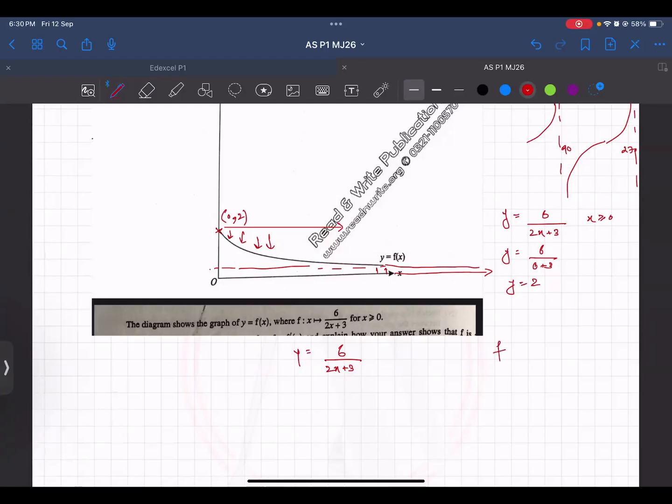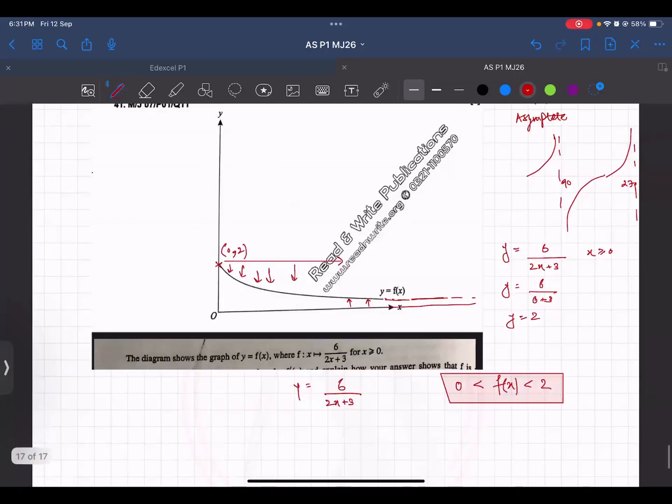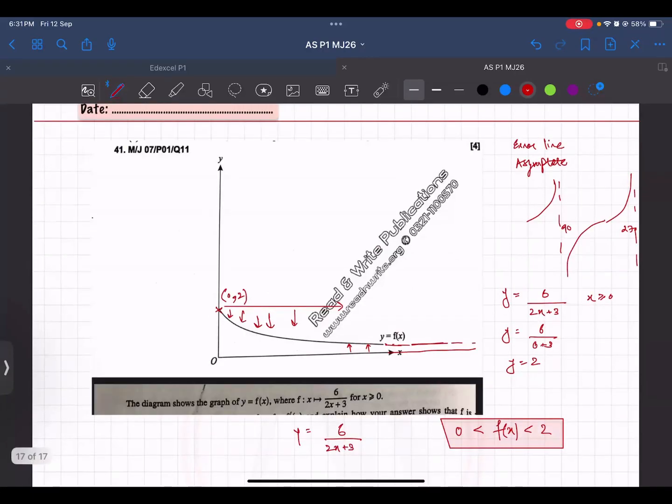So the range becomes f(x) less than 2 and greater than 0, because it is slowly becoming parallel to the x axis. That's why your graph always remains above the x axis and below the 2 value. So the range over here is 0 to 2. Understood?